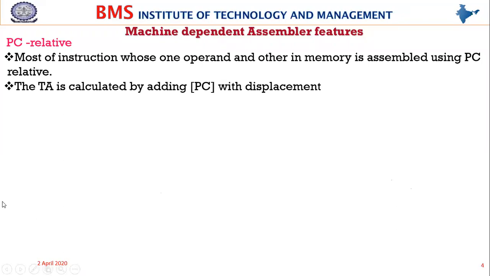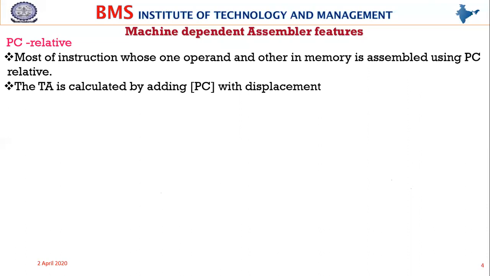The target address is calculated by adding the contents of the PC to a displacement, and the displacement is computed by subtracting the PC value from the target address. Those are the calculations we have seen. Now we shall see how the assembling will happen. Try to understand one thing: if a PC relative reference is a forward reference, meaning the declared value appears after the instruction, you are going to get a positive displacement.